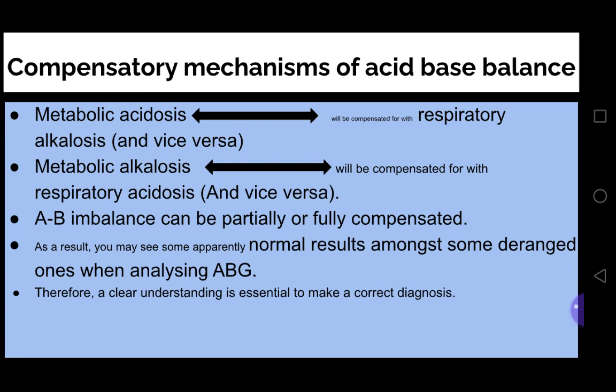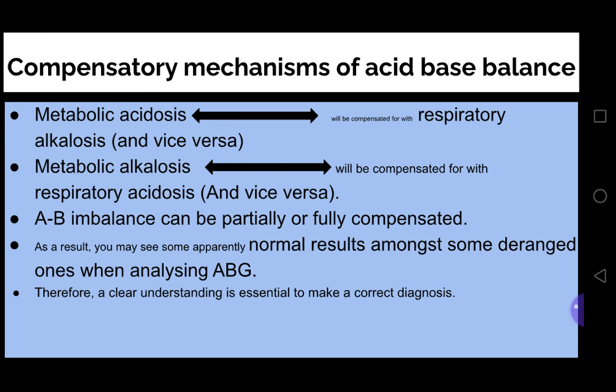When there is metabolic acidosis, it is compensated for with respiratory alkalosis and vice versa. And if there is metabolic alkalosis, it will be compensated for with respiratory acidosis and vice versa. So it is a two-way process. And acid-base balance can be partially compensated or fully compensated.